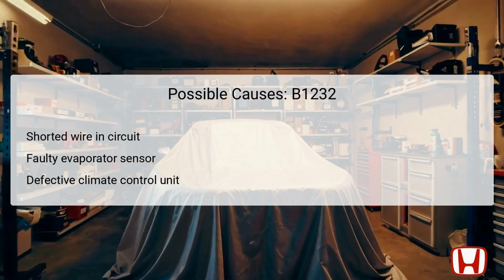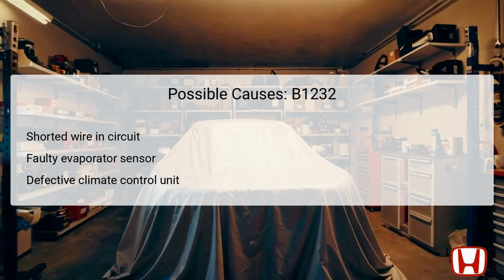Several factors can contribute to the triggering of DTC B1232. A common cause is a shorted wire within the evaporator temperature sensor circuit, which could be due to damaged wiring, corroded connectors, or improper installation. Additionally, the evaporator temperature sensor itself could be faulty, meaning it may not accurately measure or transmit temperature data to the climate control unit.